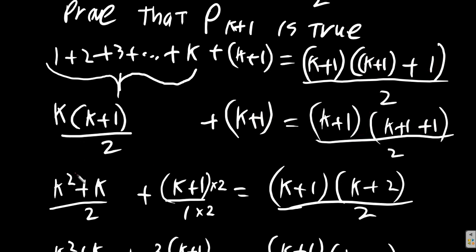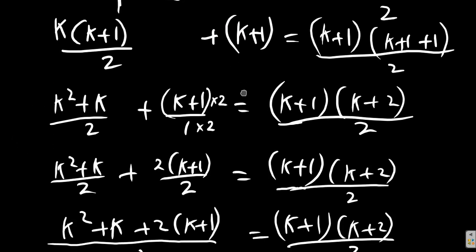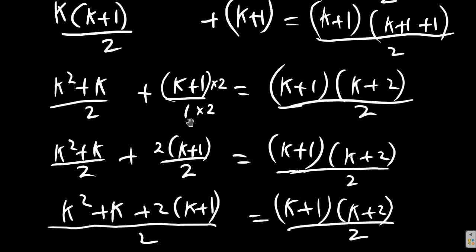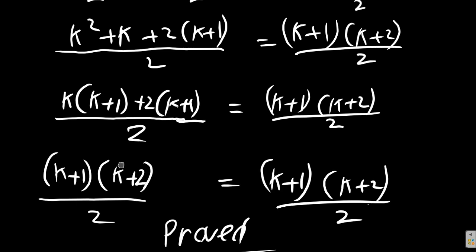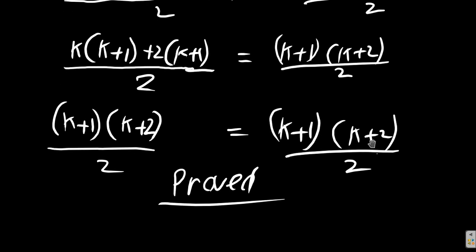Then after that, we use common denominators from our knowledge of adding fractions. Put this over 2, then recognize that we could just factorize and get (k plus 1)(k plus 2) divided by 2, equal to the same thing on the right hand side, which says (k plus 1)(k plus 2) divided by 2. And the statement is proven. So that is it for now. I will see you in the next video.